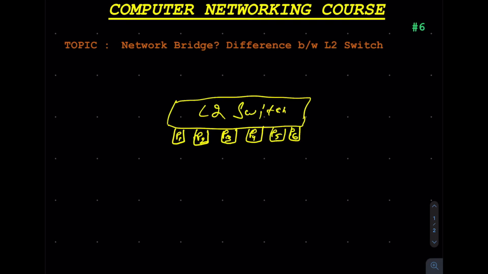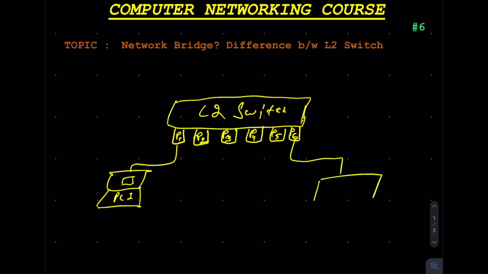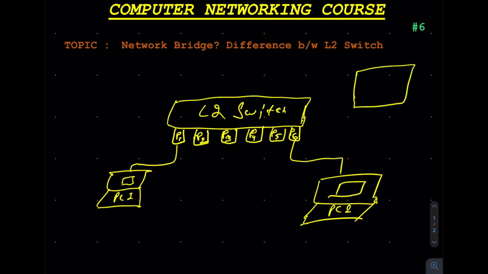How a layer 2 switch generally works is, as we know, whenever there is a PC connected, say this is PC1 and there is another PC connected here. If PC1 wants to send a packet to PC2, whenever PC1 sends a packet to this switch, the switch has a switching table, as we have seen.